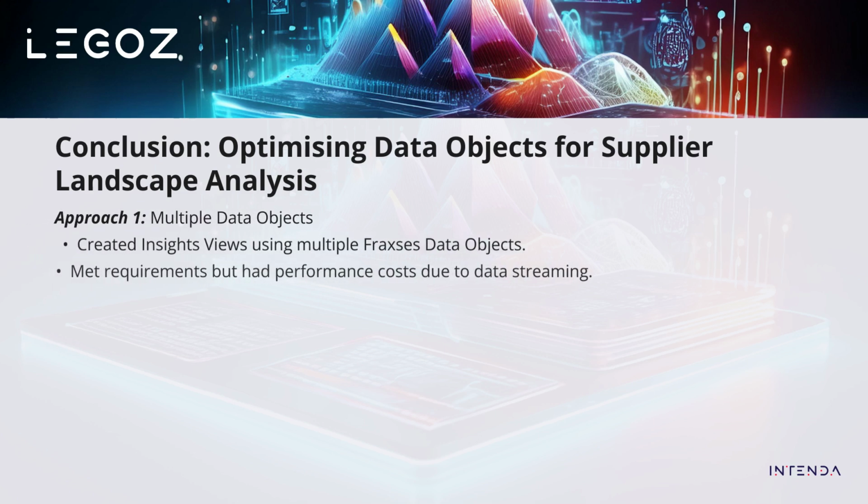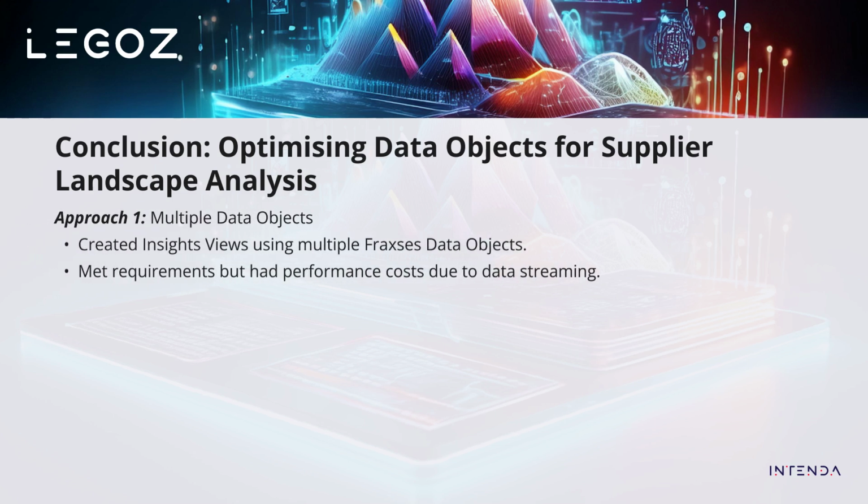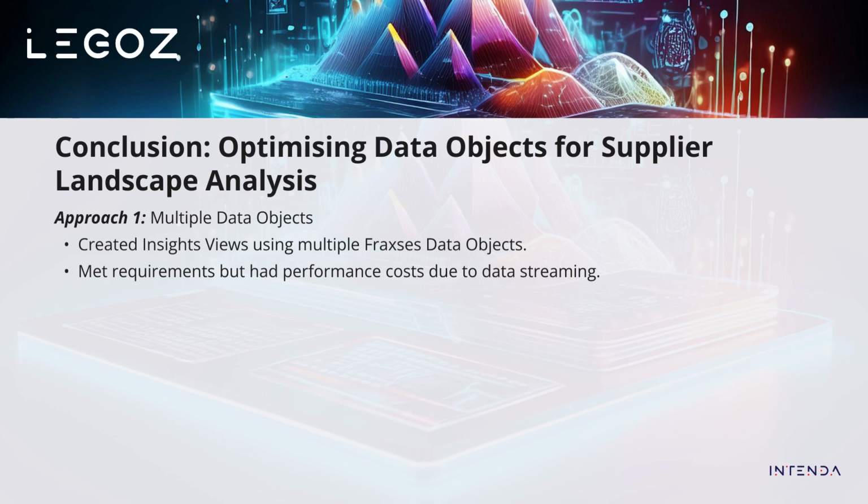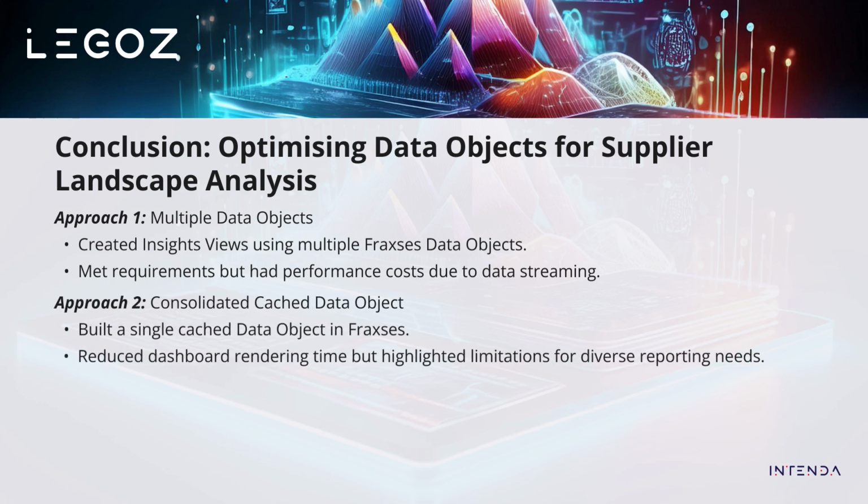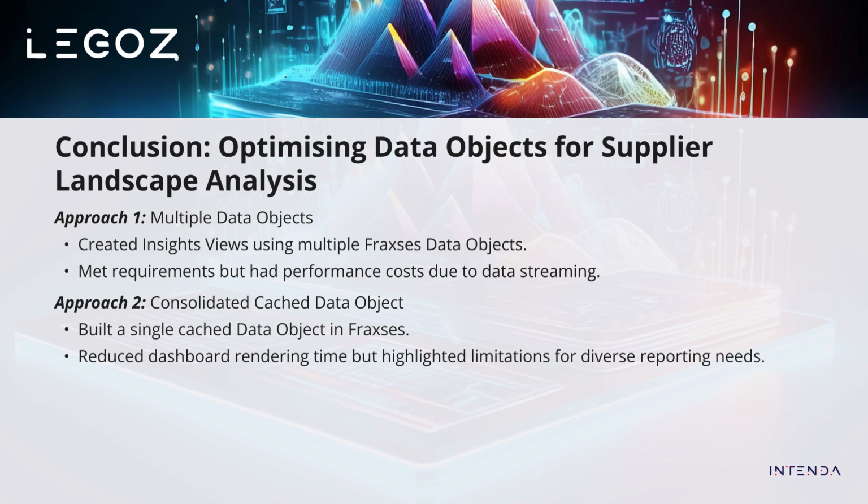First, in approach 1, Insights views were created using multiple Fraxes data objects. While this method met the required results, it came with performance costs due to data streaming from the source. Next, in approach 2, a consolidated cache data object was built in Fraxes. By utilizing the caching function, the dashboard rendering time was significantly reduced by executing queries against cached data.